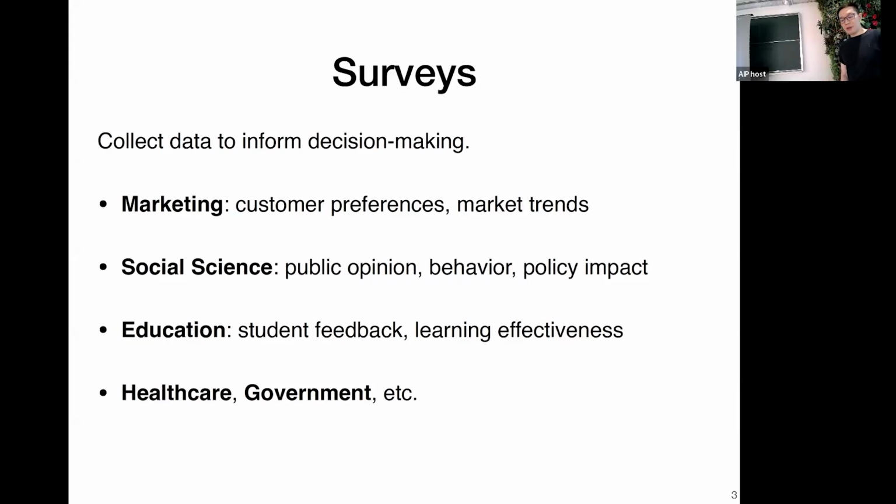Just to name a few, in marketing, people are interested in learning about customer preferences and also market trends, etc. And in social science, especially computational social science, people want to gather public opinion toward common issues and learn people's behavior, right? Strategic behavior, collaborative, etc. And also the impact of certain policies.